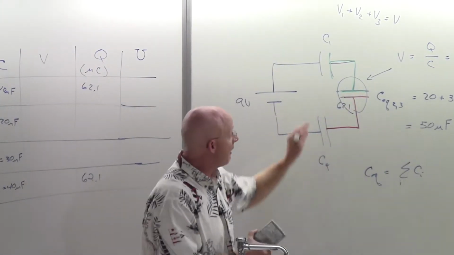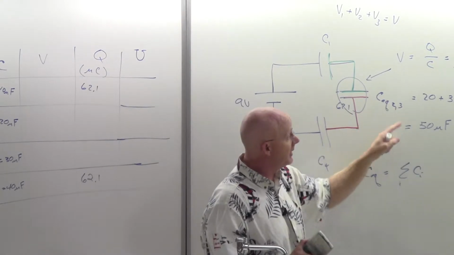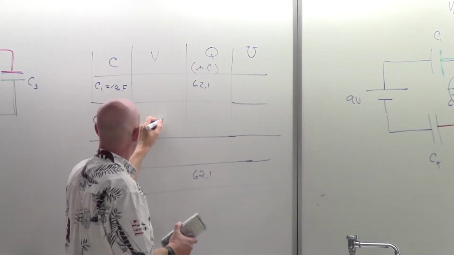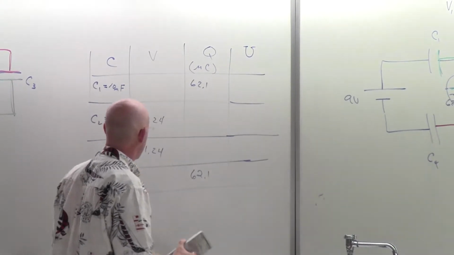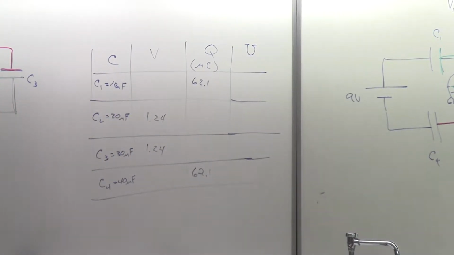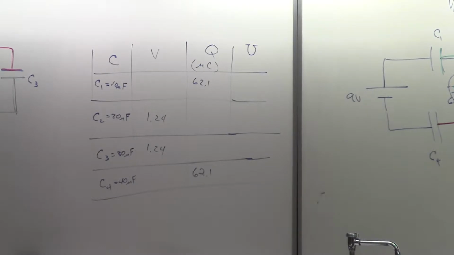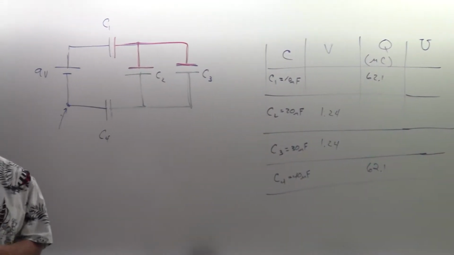And so now that I have found the voltage on this equivalent one, I can come over here and say that is the voltage on each of those. Yeah. But since they don't have the same capacitance, they don't have the same charge. Oh, right, right. I'm not saying they have the same charge. Now, they must add up to 62.1.